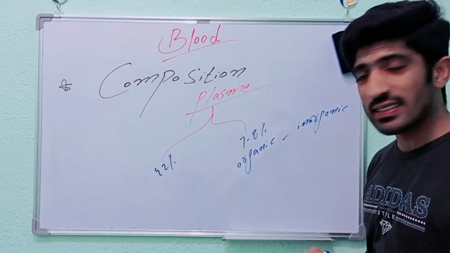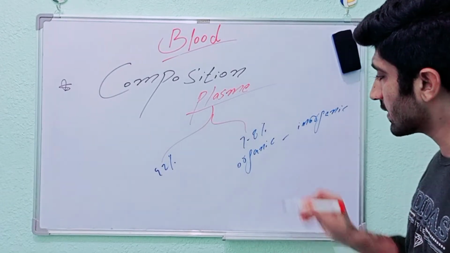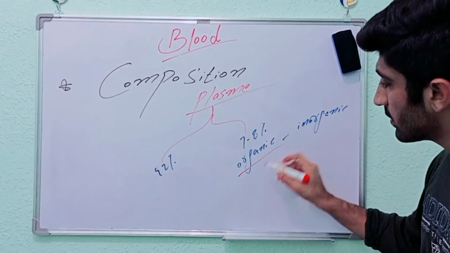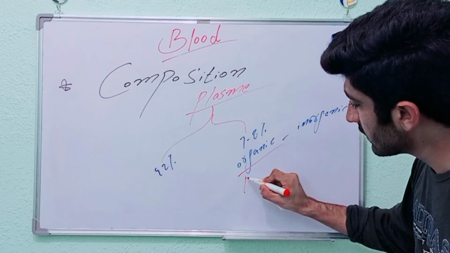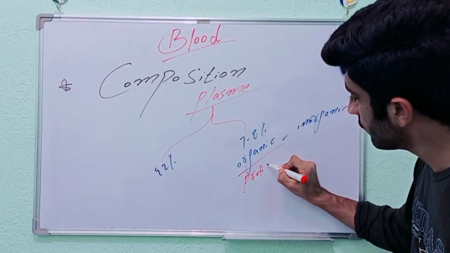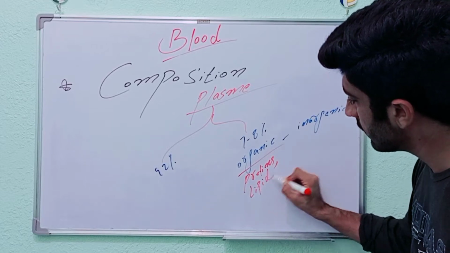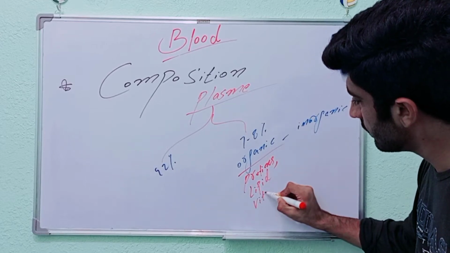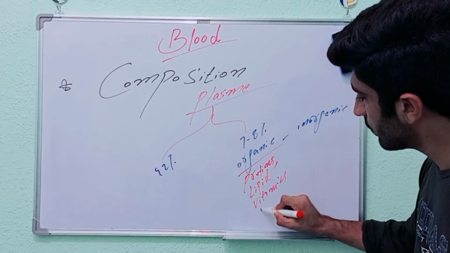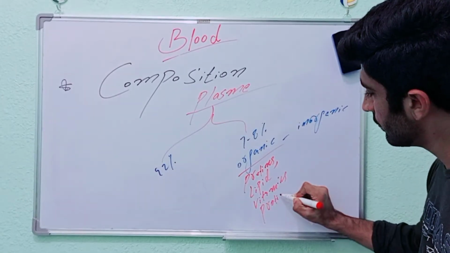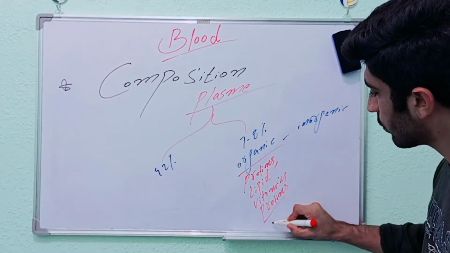The organic substances are plasma proteins, lipids, vitamins, proteins, carbohydrates.